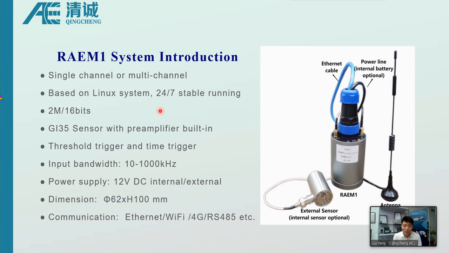The sensors are built-in or external, with the preamplifier built in or external. It has threshold triggers, time triggers, and power supply. The battery, built in or external, is selectable. For communication, we can use Ethernet, Wi-Fi, 4G, RS485, etc., and you can choose other communication ways as you want.